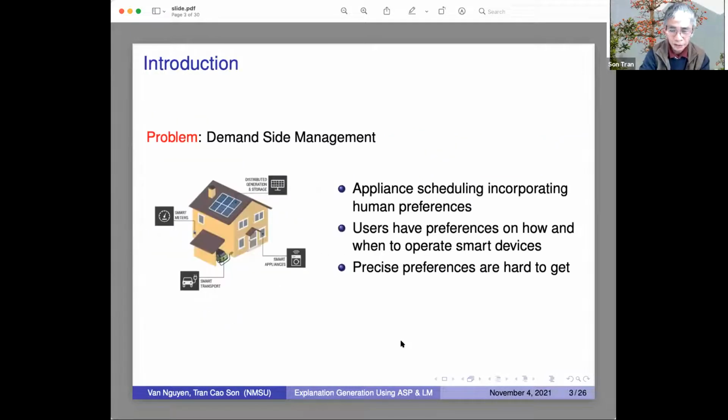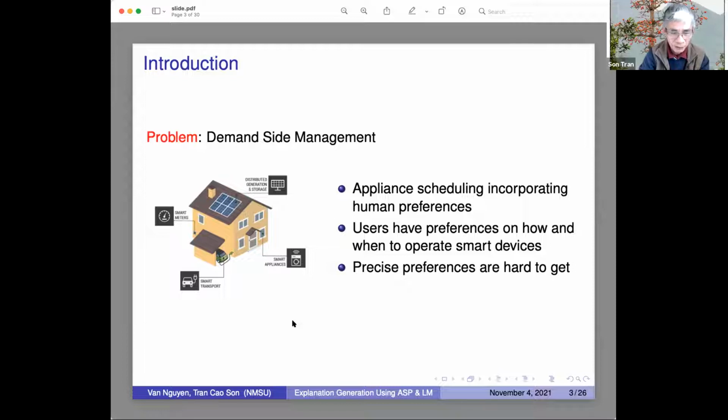Start with the introduction of the problem that we are working on in this work. We have been working on one of the problems in smart grid for many years, which is demand side management.